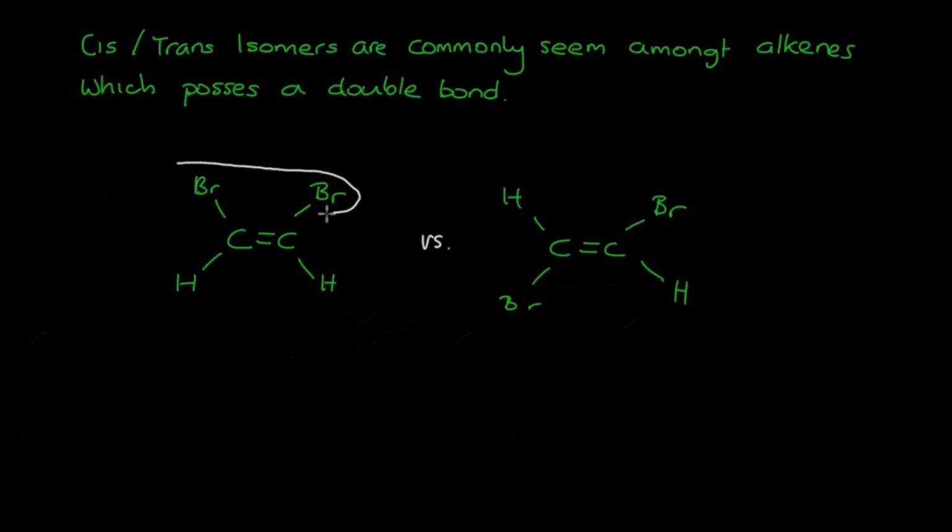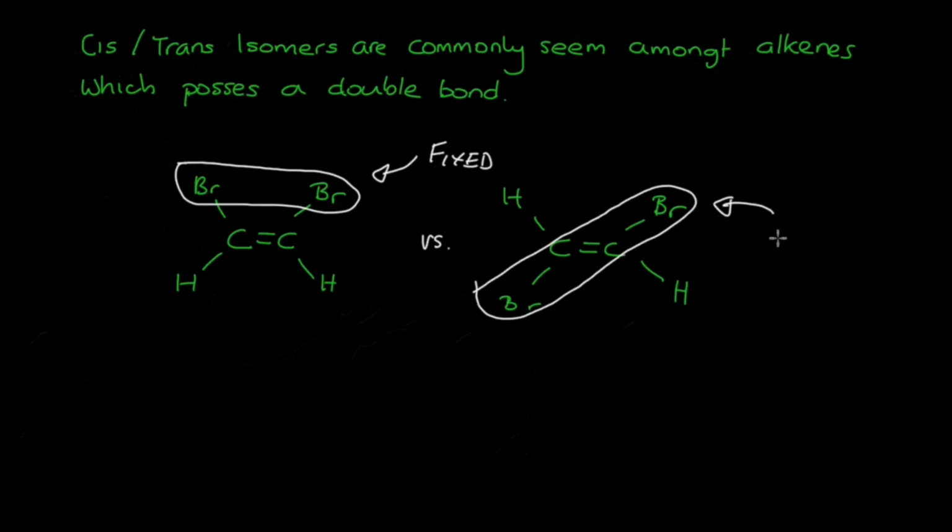The one on the left has the substituents, in this case bromine, on the same side of the double bond and is termed the cis isomer, while the one on the right has the substituents, once again bromine, diagonally on opposite sides of the double bond, and this is termed the trans isomer.